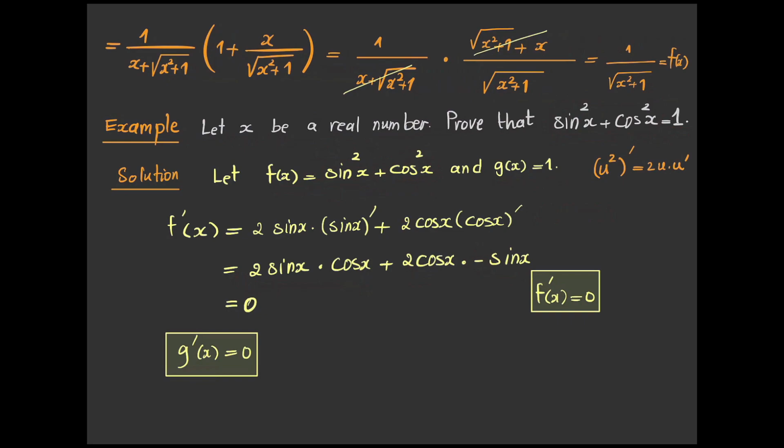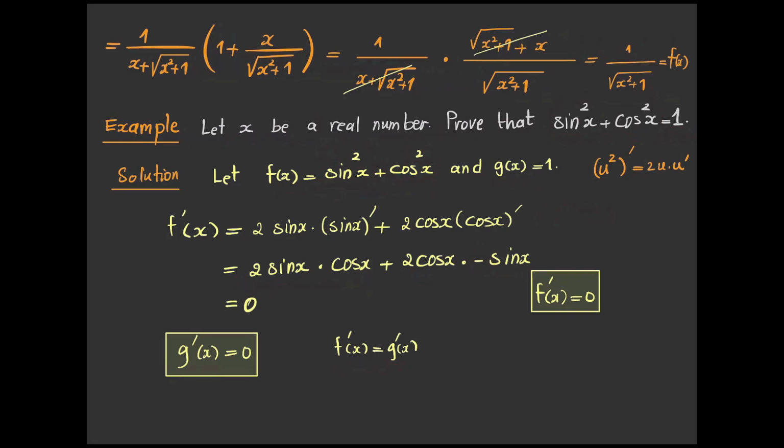Therefore, f prime of x is equal to g prime of x. I didn't show that f is equal to g. By the way, my goal is to show that f is equal to g. This is f, this is g. I want to show f is equal to g, but I didn't do that. I just proved that f prime is equal to g prime.